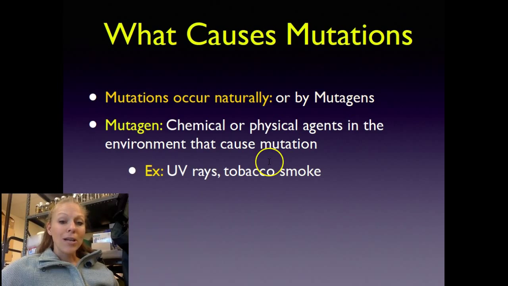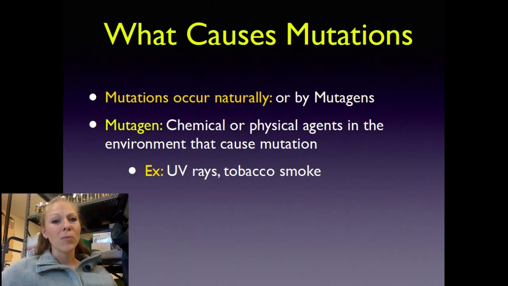Mutations can occur naturally, but they also occur through mutagens. Mutagens are simply chemical or physical agents in the environment that cause mutations. That would be like tobacco smoke or UV rays, so please never smoke cigarettes or sit in tanning beds, because your DNA is already going through many mutations without extra mutagens, so there's no reason to add more problems. You really want your DNA to be healthy.